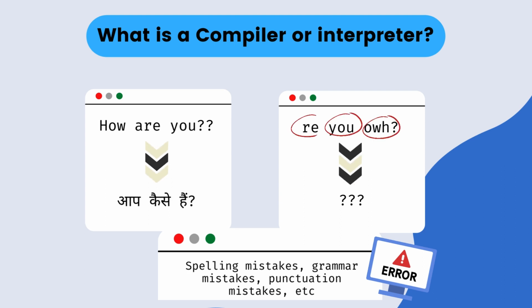These errors could be spelling mistakes, grammar mistakes, punctuation mistakes, etc. By this, we understand that if you want to convert any text from one language to another language, you have to provide the correct sentence to the translator, so that it will convert it properly, or else it will raise an error. Similarly, the compiler or interpreter also checks for errors, and they immediately display the errors on the screen. We will discuss these errors in detail later.